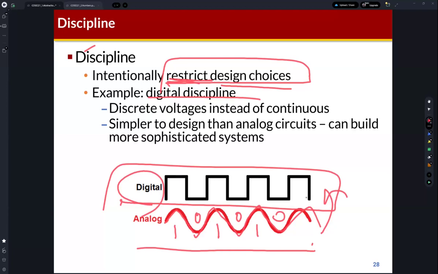So this simply means that we restrict some values, we restrict some design choices of the target signal. This is the discipline. So why?